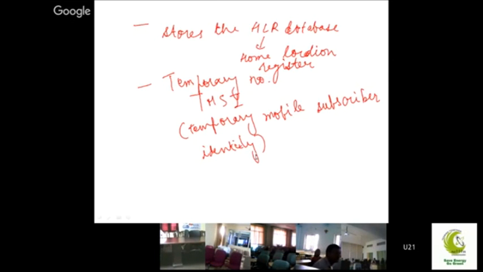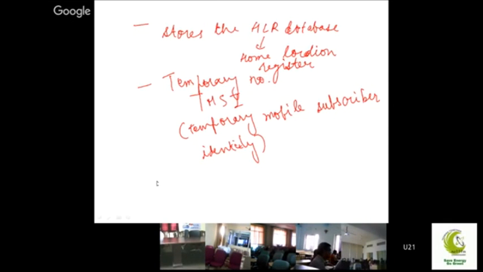This number comes into working whenever we are in roaming. I have told you about the mobile country code and mobile network code, those 22 circles. If we are moving across those 22 circles, it means that we are in roaming. In that case we are allotted a Temporary Mobile Subscriber Identity number called TMSI.